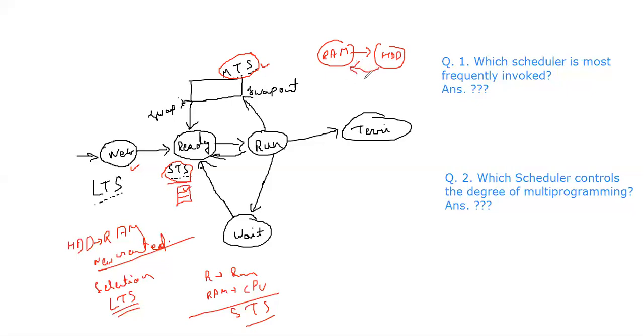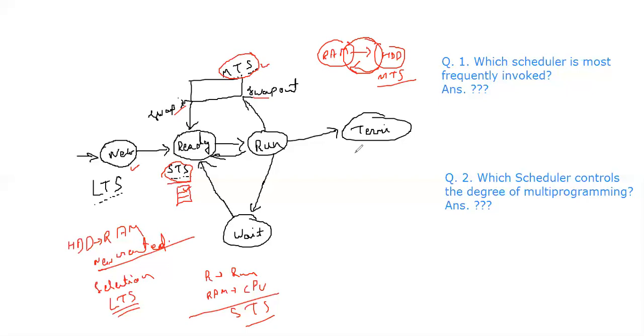How you are going to bring processes into RAM, how you are going to select processes, which process I should send to the hard disk, everything is scheduled by another scheduler that is known as mid-term scheduler. So it deals with swap out and swap in of processes. So that is overall scheduling.